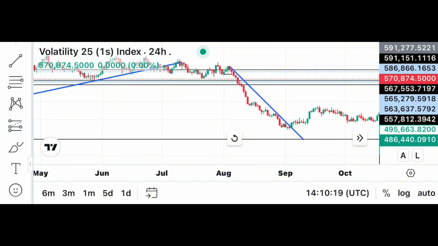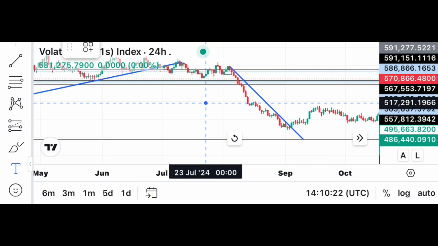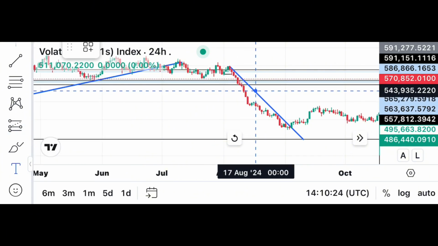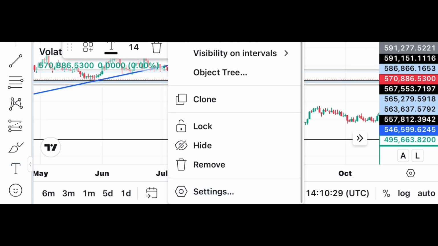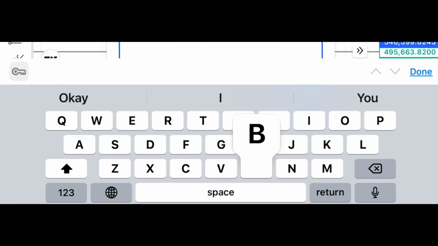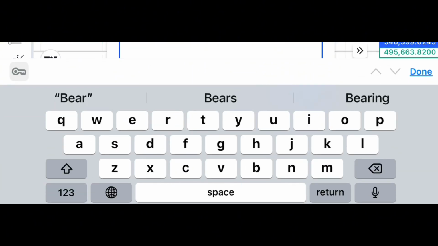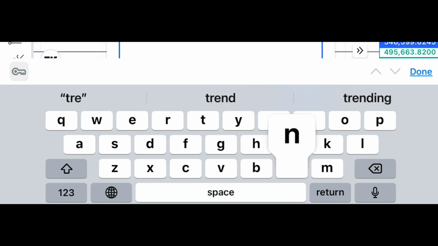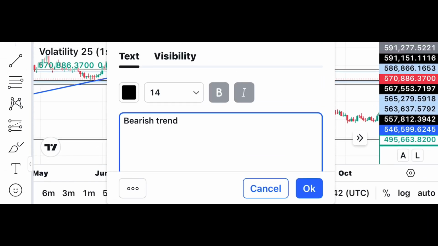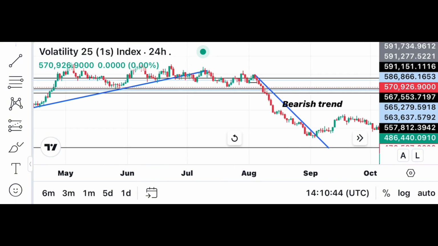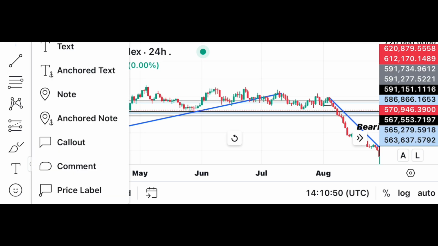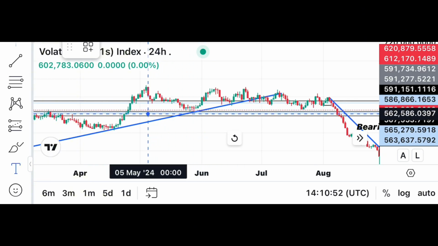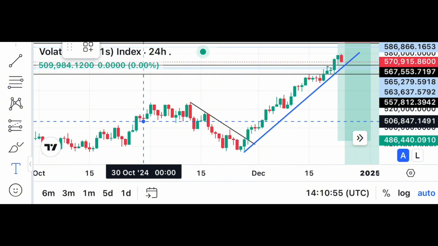So we want to identify our bearish trend. This is the bearish trend, and also our bullish trend. Let me write it down for you guys to understand what I'm doing and what I'm calling the trend.